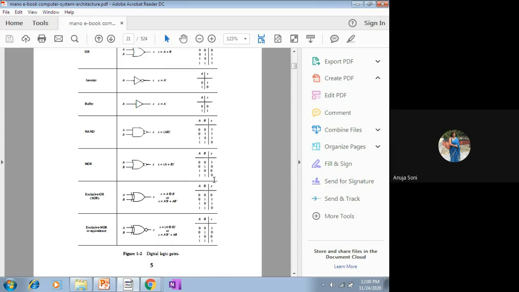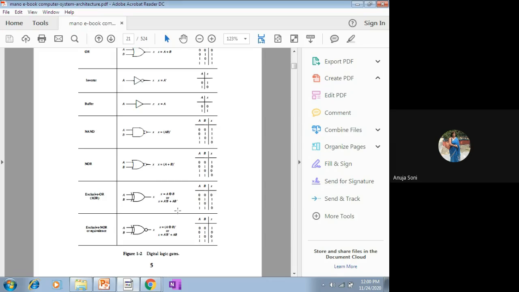And how has this value of X come out? By placing all these input values in this Boolean expression, like placing the value of A as 0, 0 dash into 0. 0 dash will become 1, into B, 1 into 0 will become 0. Similarly, A B dash, placing the value of A as 0, 0 into 0 dash, it will become 1.